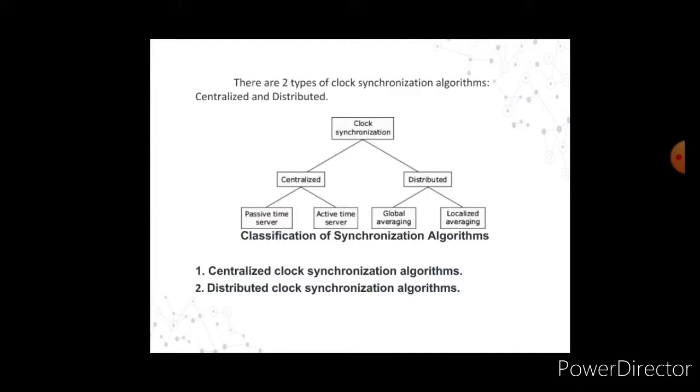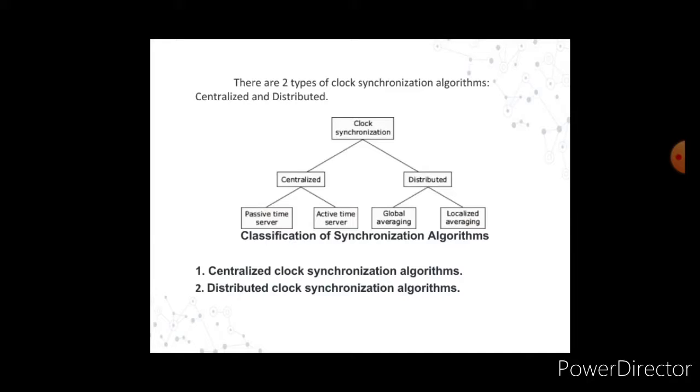First one is the centralized clock synchronization algorithm. In this algorithm, one node has a real-time receiver, and this node is called the time server node, whose clock time is regarded as correct and used as the reference time.